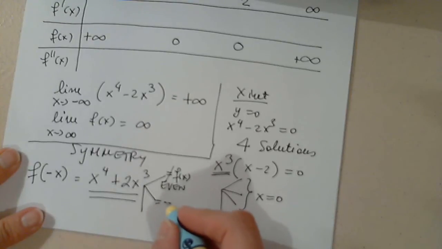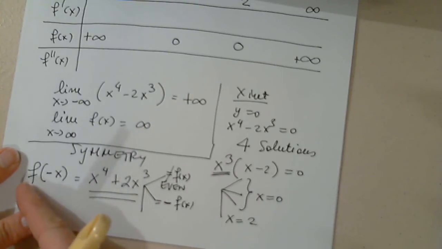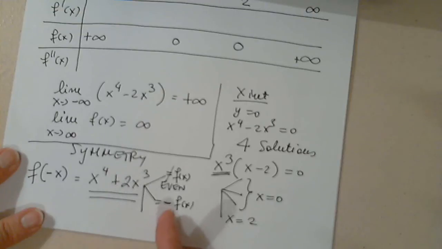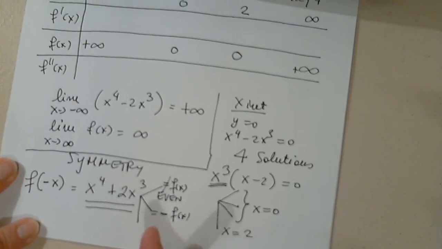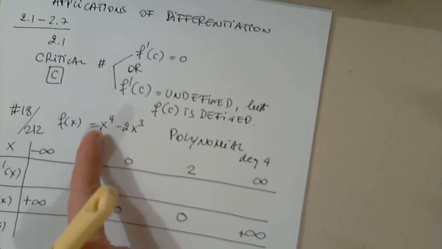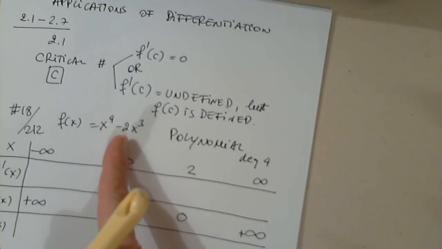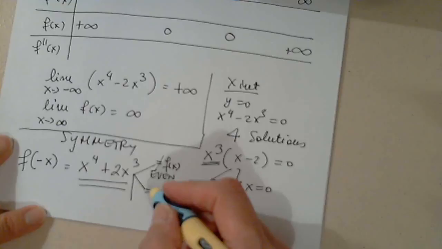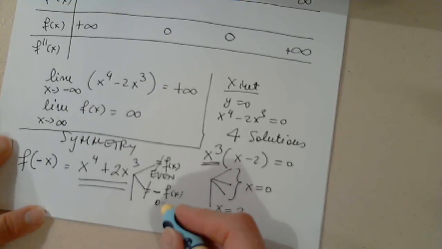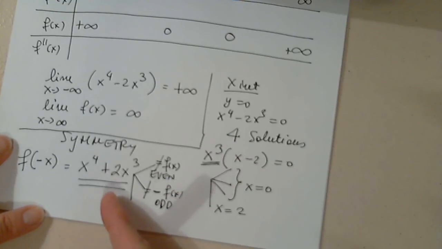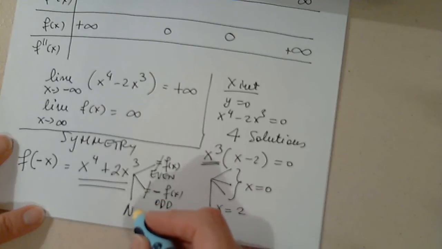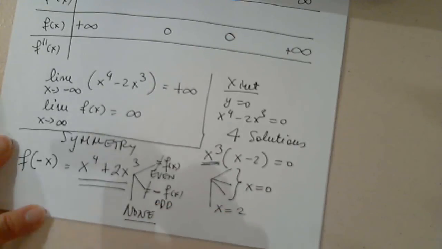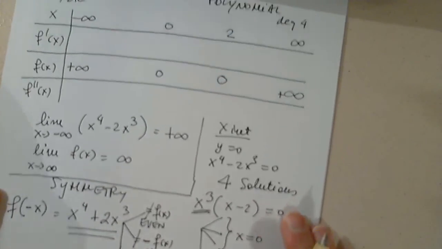The other possibility is for f of negative x to equal negative f of x. It's not the case, because negative f of x will be negative x to the fourth plus 2x to the third. So this will not be an odd function, symmetric with respect to the origin. So it's none of the above. So this function is not symmetric.